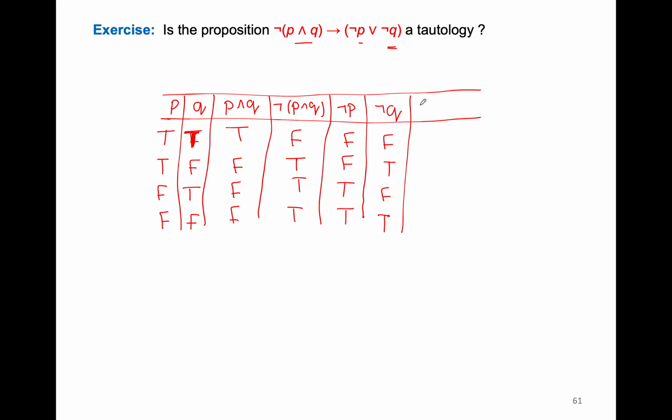Now we can find the not P or not Q. So here we've got F or F is F, F or T is T, T or F is T, T or T is T. Final expression is the full expression, which is not P and Q. Then we've got not P or not Q.